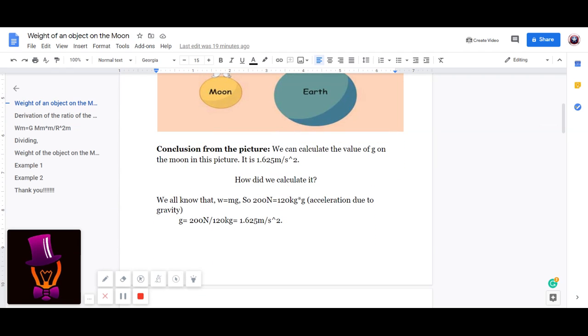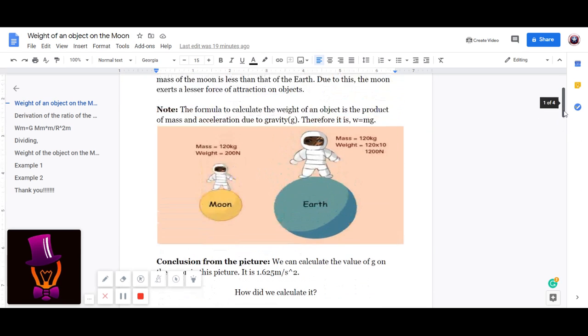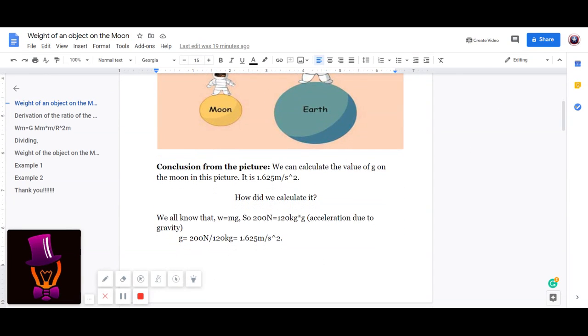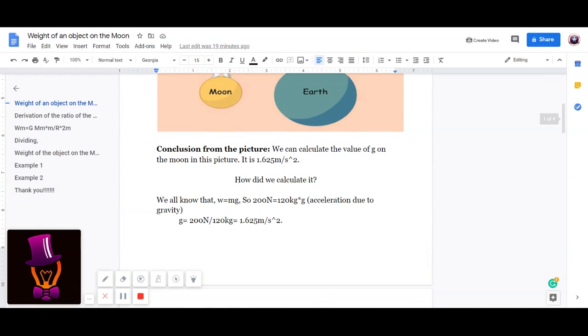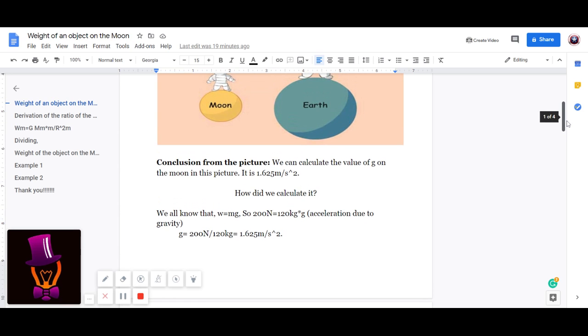We all know that W equal to mg. Here, the weight is already given in the picture as 200 Newton, and the mass is 120 kg. g is the acceleration due to gravity, which is not given.